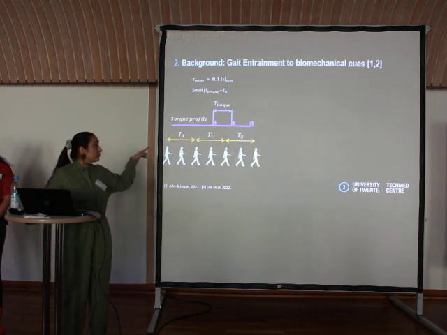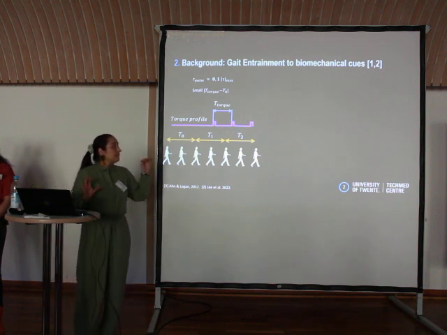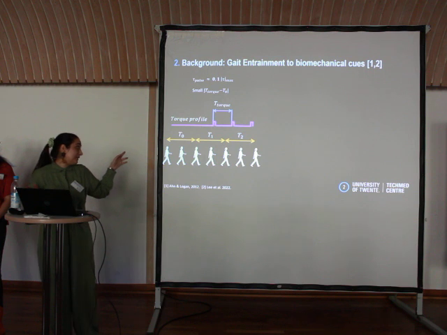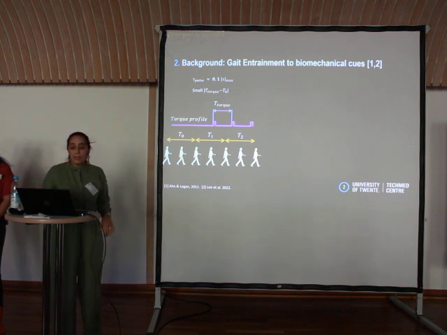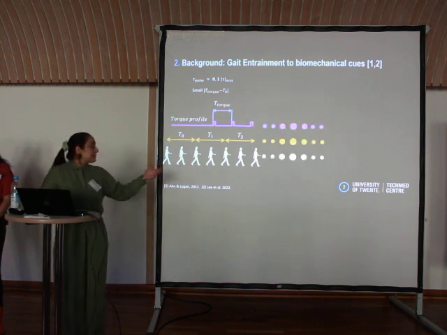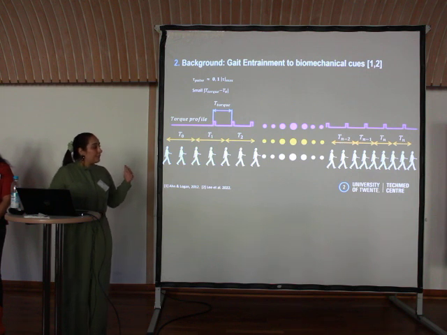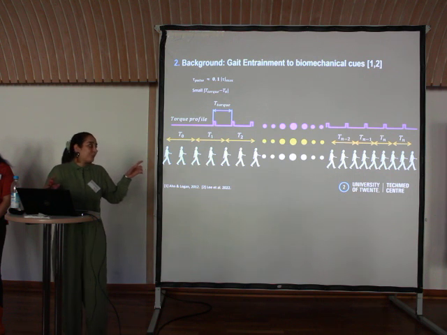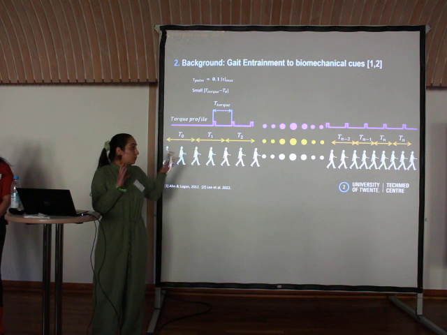The period of the torque should not be very different from the stride period of the person walking. After some pulses, the person starts to change their gait in a way that at the end it may match the period of strides to the period of torques.